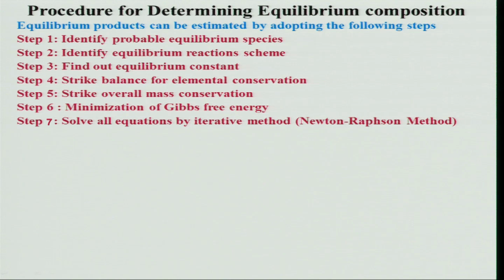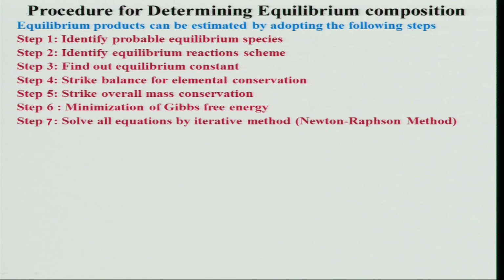Then you need to find the equilibrium constant. Some of you might be aware of it, because it is taught in your engineering courses. So we need to determine that equilibrium constant.